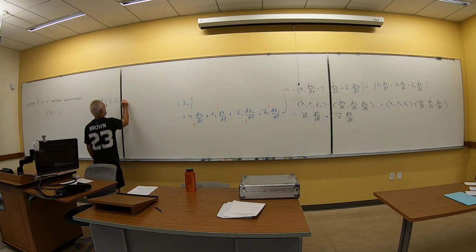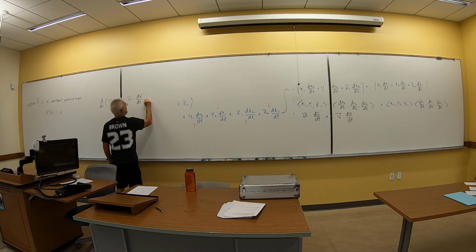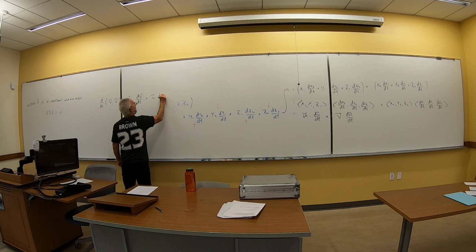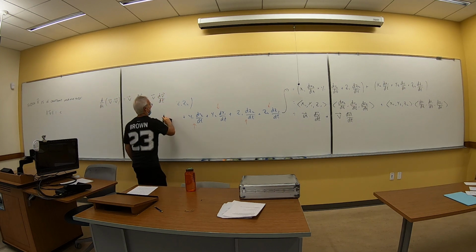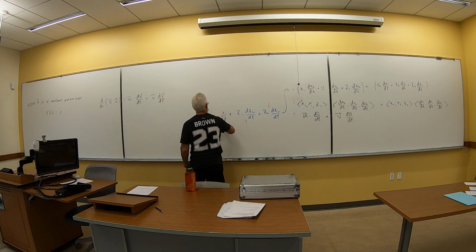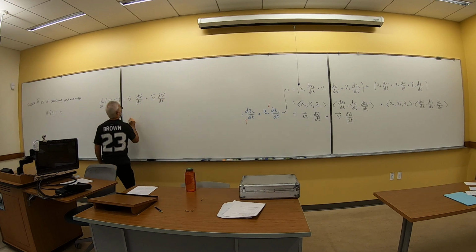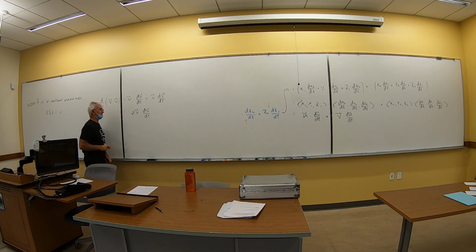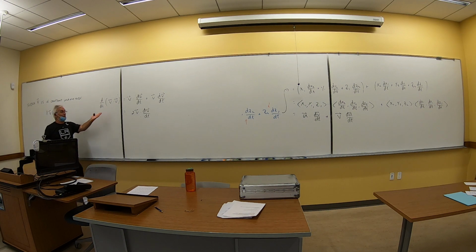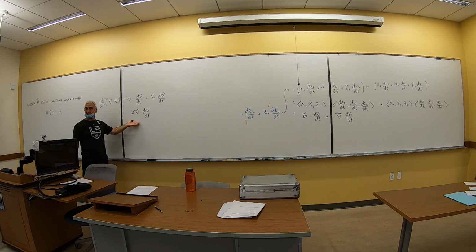According to the product rule, this should be first times the derivative of the second, that's what we just derived, plus the second times the derivative of the first, because it's v dot v. And of course, this would be the same as just saying it's 2 times v dotted with its derivative. Okay, that's really exciting. By the way, this is true for any vector, that the derivative of a vector dotted with itself would be this.